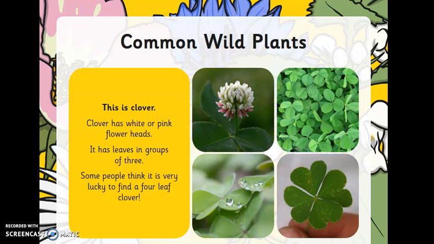Clover has white or pink flower heads. It has leaves in groups of 3. Some people think it's very lucky to find a 4-leaf clover. If you look at the picture here, children, this is a 4-leaf clover. There's 4 leaves attached here. I've never been lucky enough to find one. Have you?